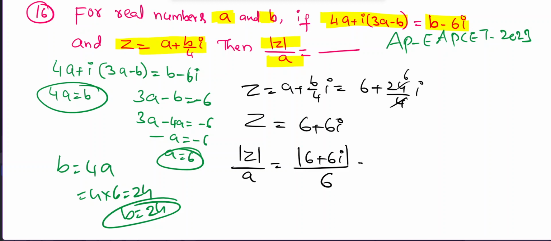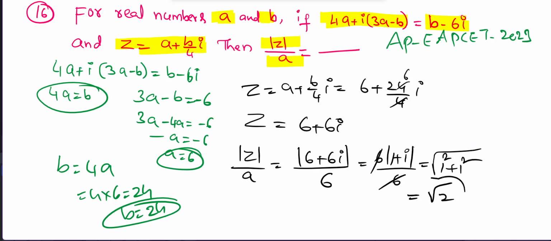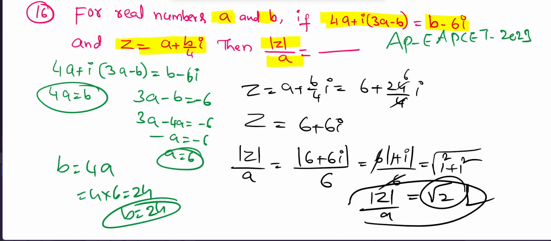So take 6 common, this is 1 plus i by 6. Here 6 cancelled. Modulus of this is 1 square plus 1 square, that is equal to root 2. This is mod z by a is equal to root 2.